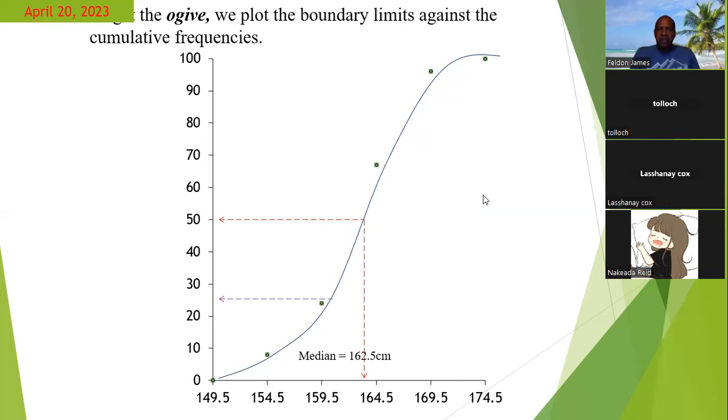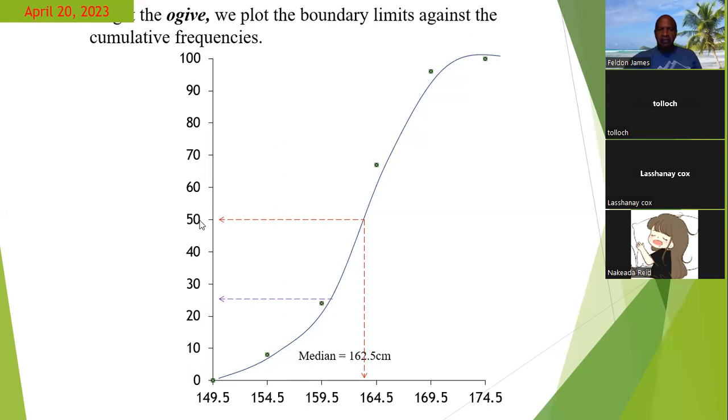We may also calculate what we call our upper quartile and lower quartile values. Now, when you hear the word quartile, what quartile really refers to is a quarter. So if the median is the middle value, we find the median by cutting the frequency in the middle.